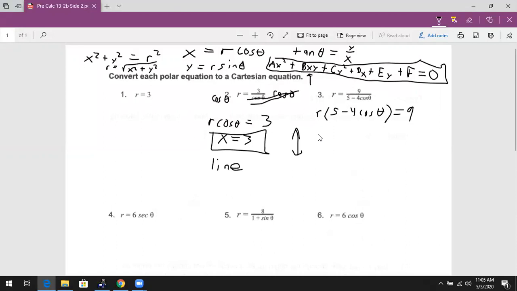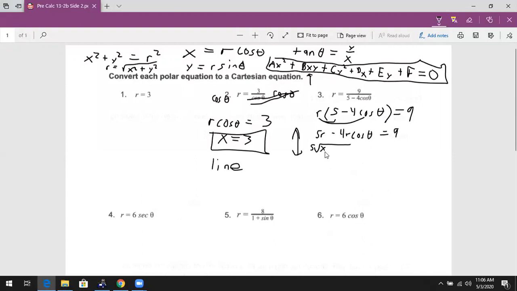Now, distributing through, I get 5r minus 4r cosine theta is 9. R times 5 is 5r. R times a negative 4 cosine theta is minus 4r cosine theta. In place of this r, we'll put what it equals, which is the square root of x squared plus y squared.